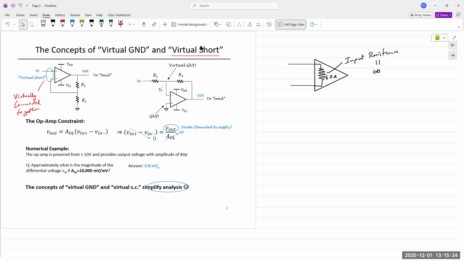Okay, so we extend the virtual short concept and we state that the terminal is virtually grounded. And you will see on the next couple of slides how it eases our analysis. All right. So again, one of the terminals connected to ground, hence the other terminal is also virtually connected to ground.